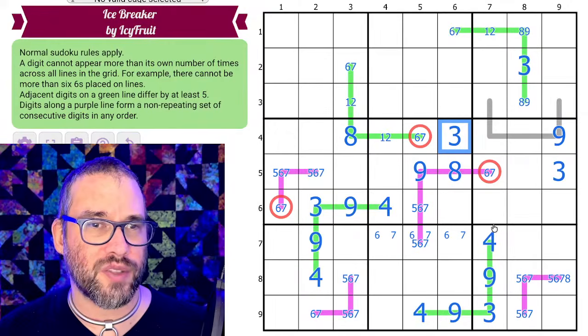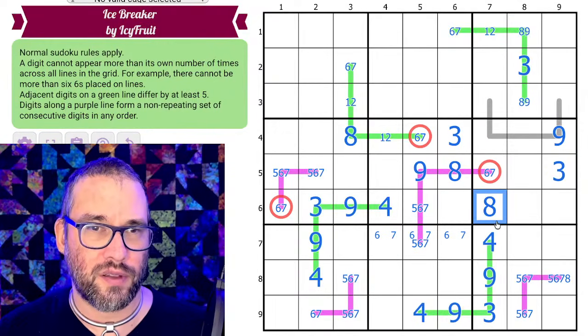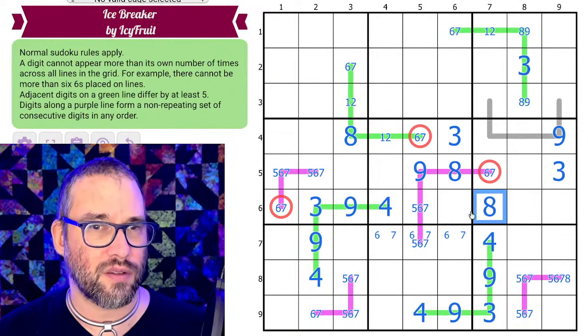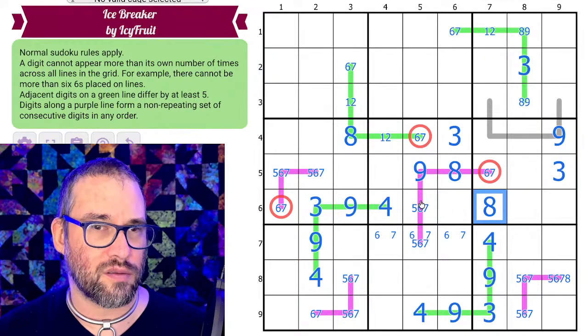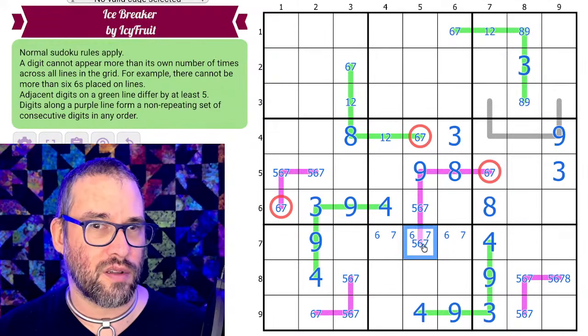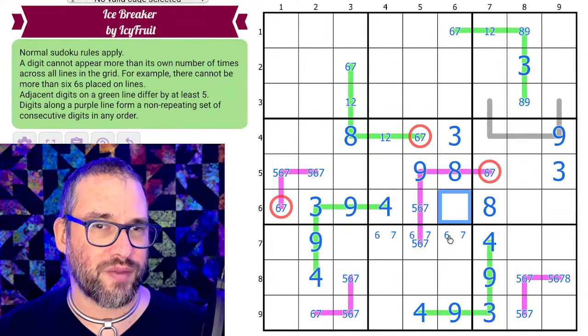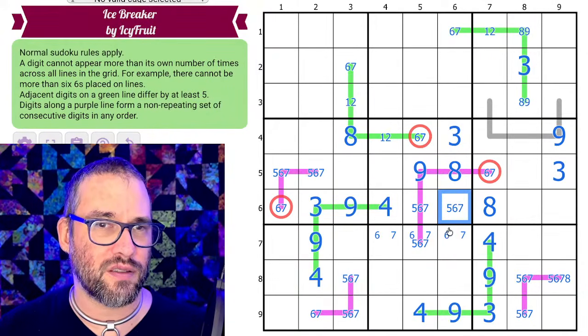Eight in column 7. Yes. This digit in box 5 goes here.